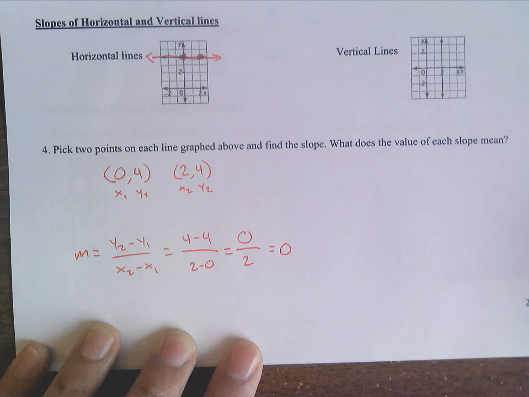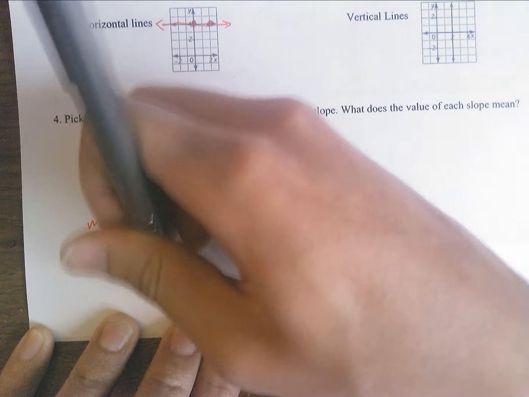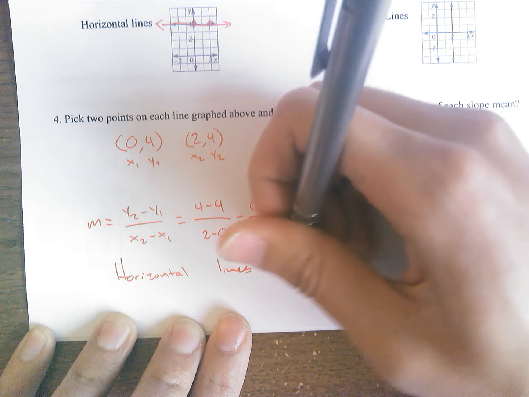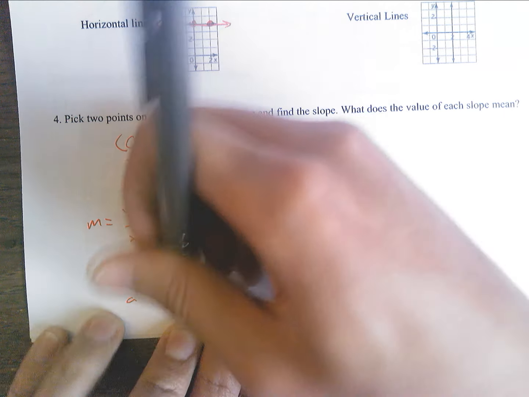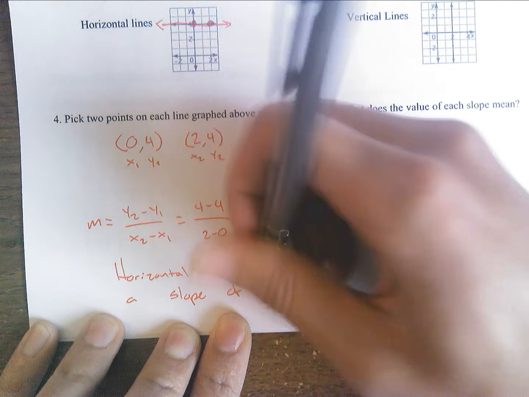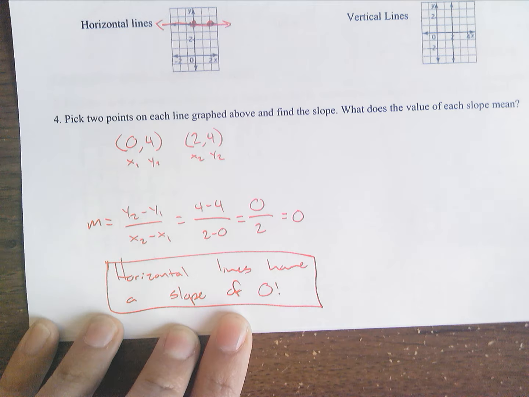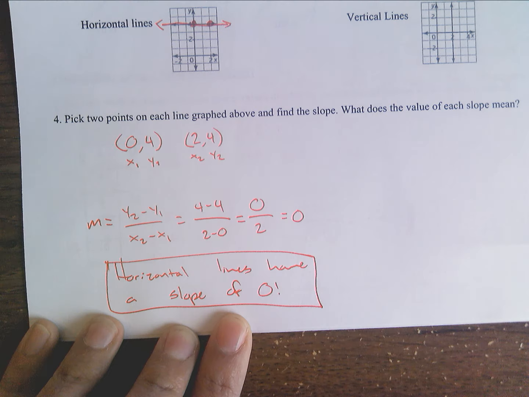So the slope of this horizontal line is 0. And in fact, that's true for all horizontal lines. So let's go ahead and write that out. Horizontal lines have a slope of 0. That's true for all horizontal lines. They all have a slope of 0.